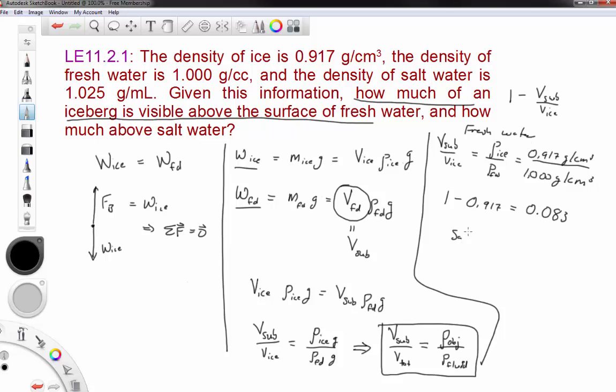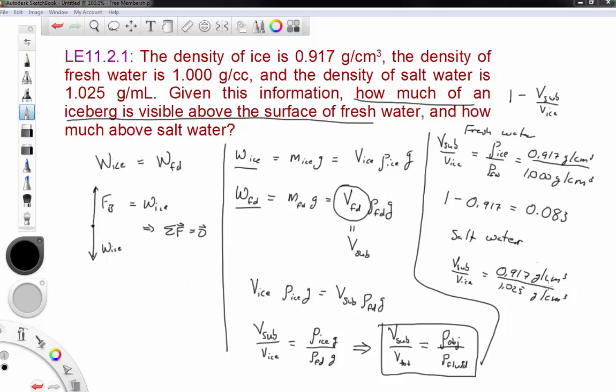For salt water, which is usually the actual case because these are floating in the ocean, not on a river, you would end up with V sub over V ice is equal to 0.917 grams per cubic centimeter divided by 1.025 grams per cubic centimeter.